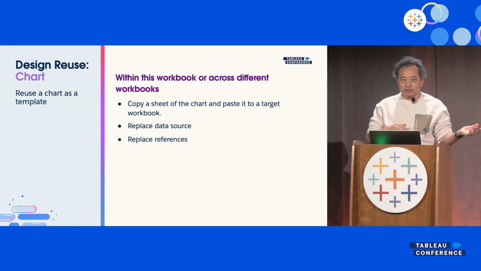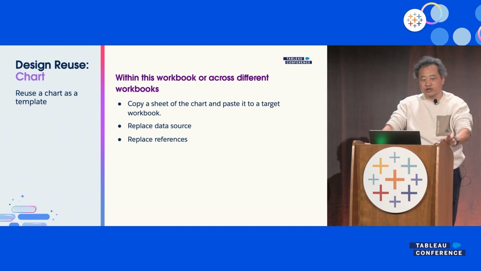So when we copy over, we have the fields. We want to make sure we have all the dimensions. If that chart needs 3 dimensions, then we need to have 3.